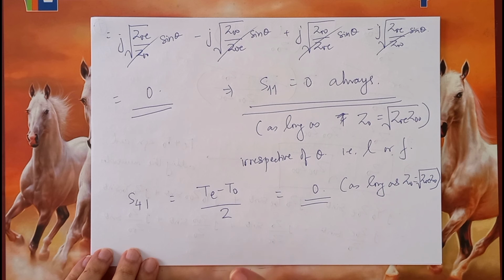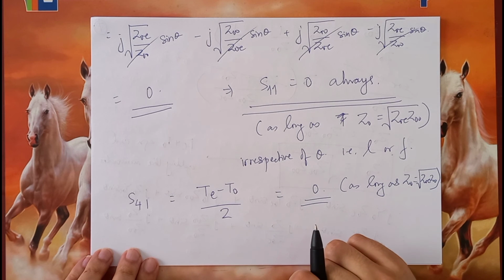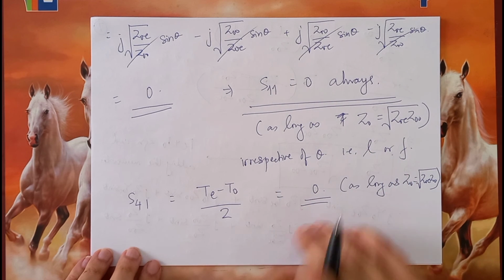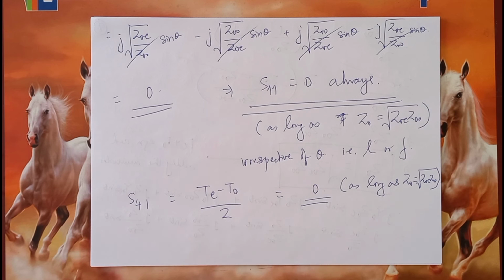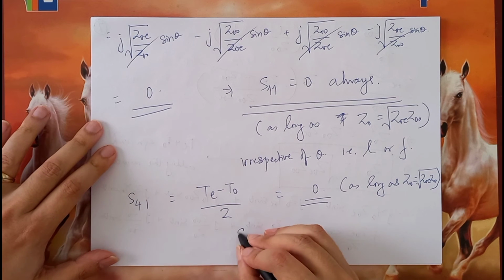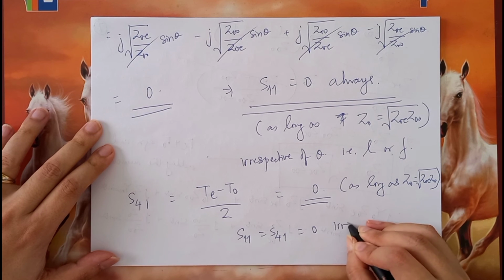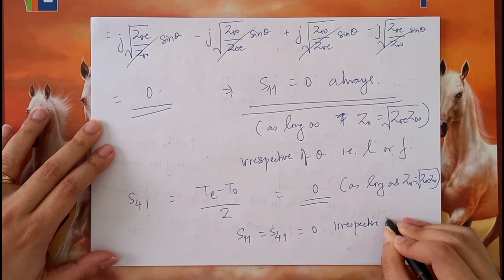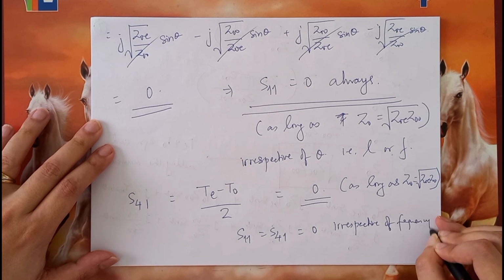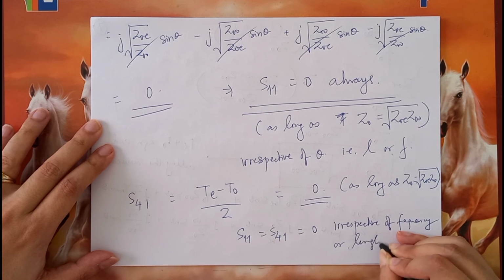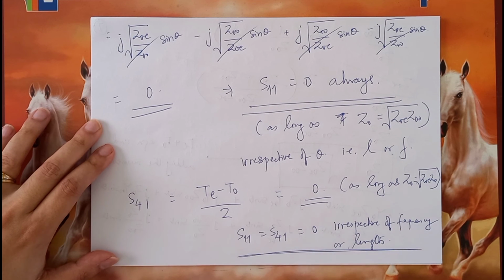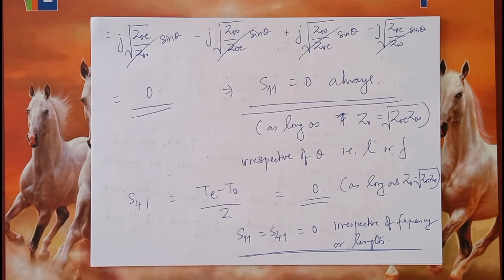You can prove this very easily yourself. I shall not show it over here. That is what is very important. That means S11 and S41 are 0 irrespective of frequency or length. This is a very important advantage that is provided by the coupled line directional coupler.